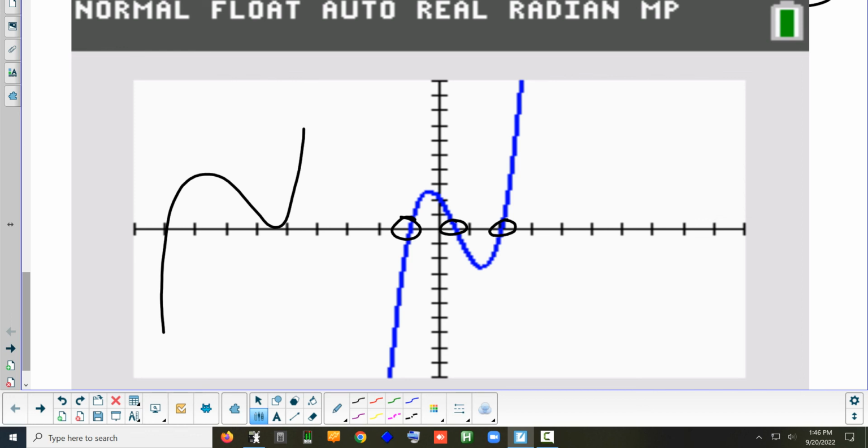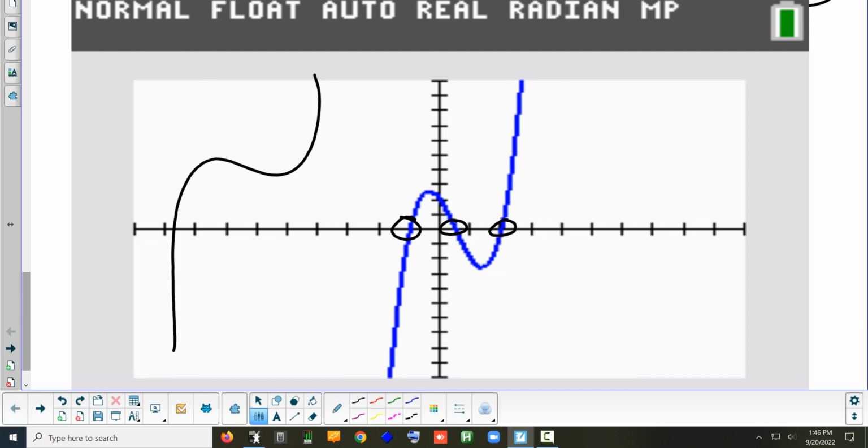It only has 2. So it's the same basic shape, but it's been moved up a little bit so that it only crosses twice. Another case you could have, you could have something like that. That's again the same basic shape, but how many times does that cross? Just once. So there's really 3 different cases you could have.